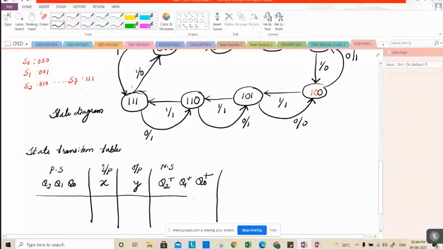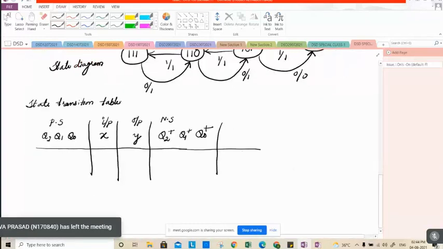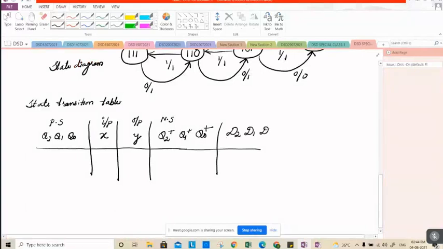Now how many flip-flops are required for designing this particular state machine? 3. So if it is a D flip-flop, simply it will be D2, D1, D0. Right, now if my present state is 0, 0, 0, and if X is equal to 0, what is the output and what is the next state?